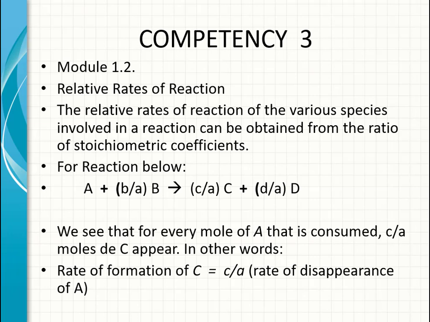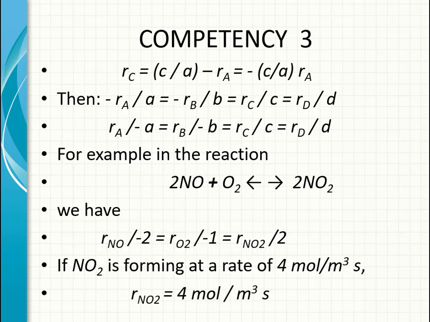In other words, the rate of formation of C is equal to c/a times the rate of disappearance of A, where c/a is the stoichiometric coefficient of C divided by the stoichiometric coefficient of A. Then we will have that the rate of C is equal to c/a times minus the rate of A, which is equal to minus c/a times the rate of A.